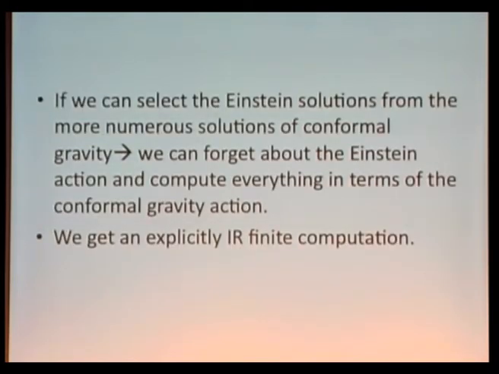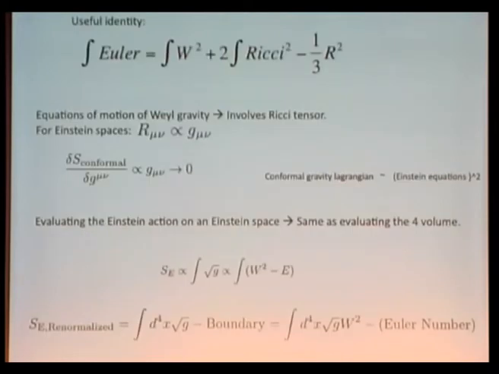So if we can select the Einstein solutions from the more numerous solutions of conformal gravity, then we can forget about the Einstein action and compute everything in terms of the conformal gravity action. And if we do that, then we get explicitly an infrared finite calculation. I didn't mention, but this is an expression which is explicitly finite. So it has no divergences as eta goes to 0.